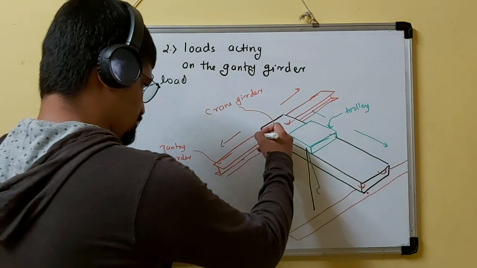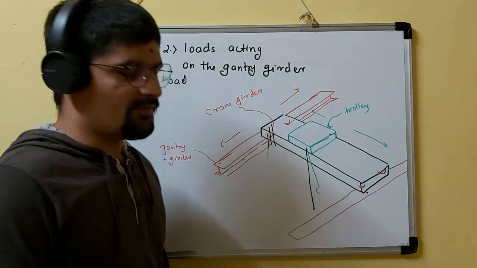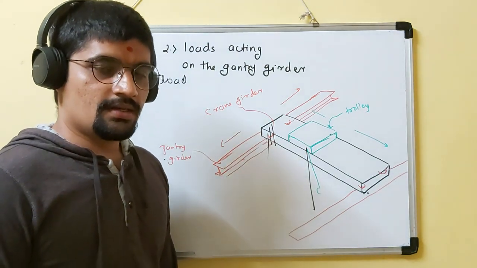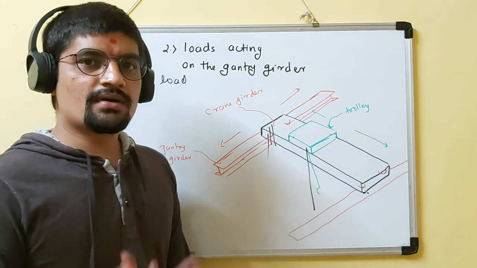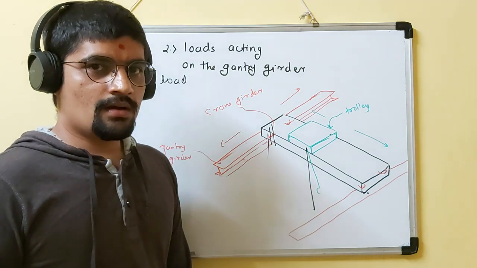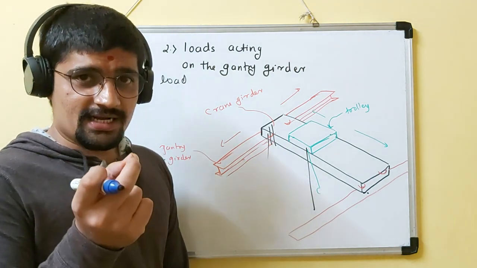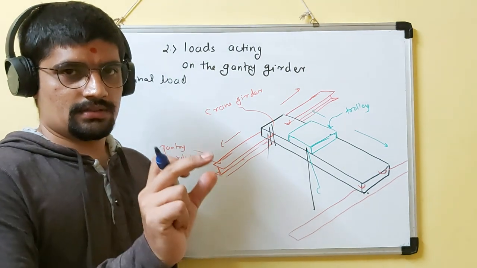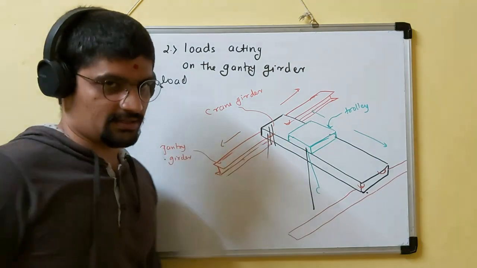Whenever we start the crane for movement or stop the crane, at the starting time and at the stopping time, some dragging occurs on the surface of the rail section.